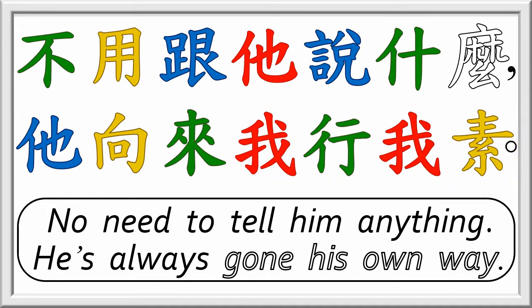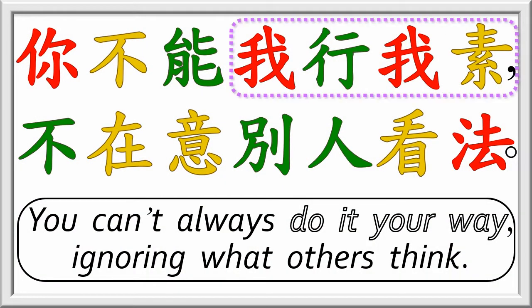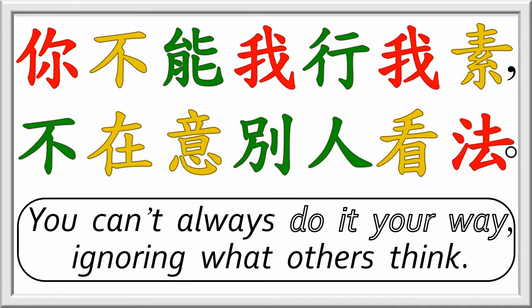No need to tell him anything. He's always gone his own way. Notice how this is a fixed phrase, used like an adjective or verb. The pronoun 我 never changes. 你不能我行我素，不在意别人看法. You can't always do it your way, ignoring what others think.